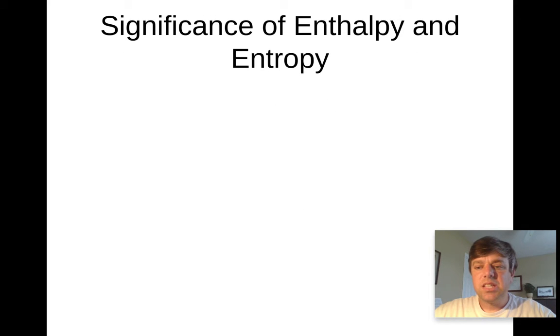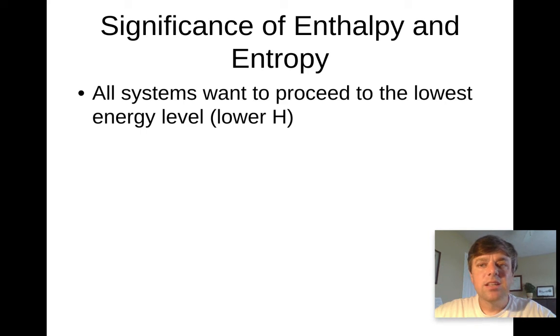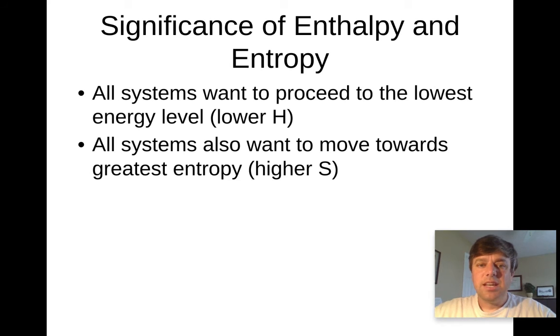So just to put a final note on this part for today, all chemical systems want to go to the lowest energy level or a lower delta H, and they also want to move towards higher entropy. These are the two things that actually drive chemical reactions to happen: releasing energy, being exothermic, and increasing entropy.